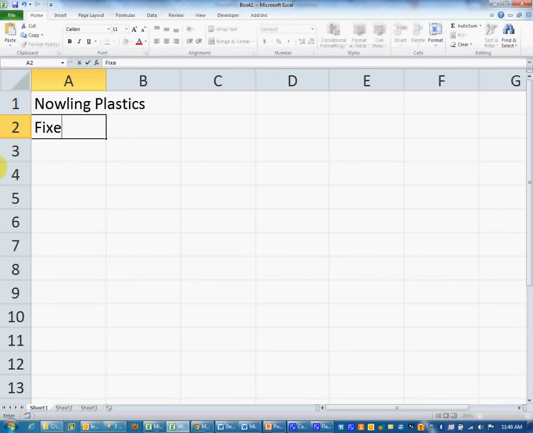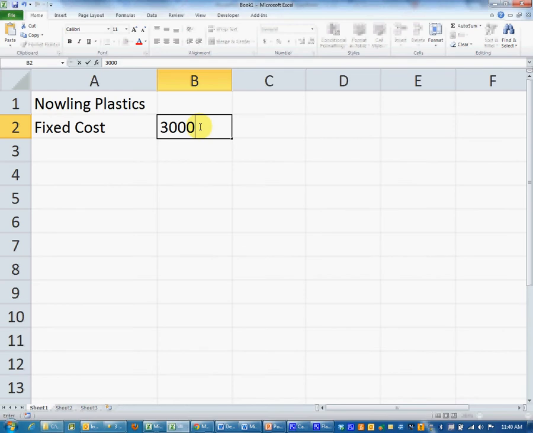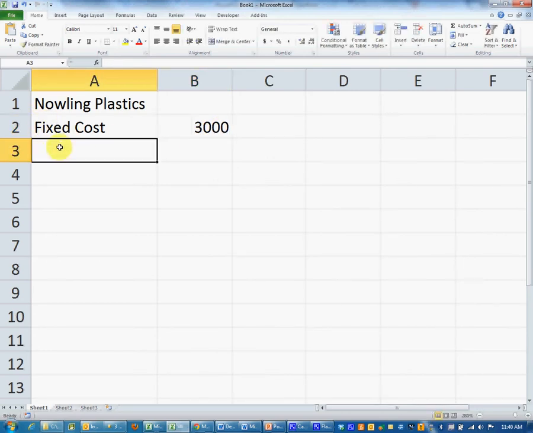So the fixed cost is how much? 3,000. I don't typically label this with the little dollar sign because sometimes that makes it confusing. 3,000 is fine. Variable cost per unit, how much?